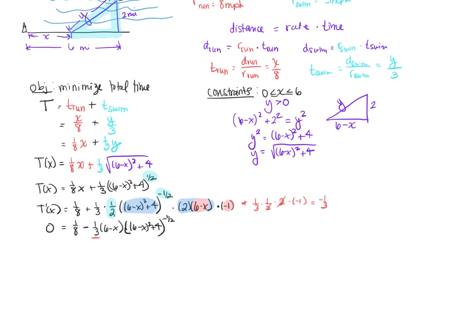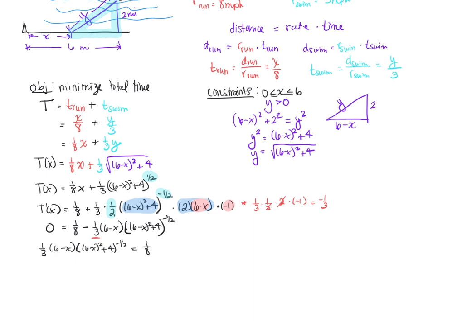So now we can move what's on the right over to the left because it's the negative. So we can say then that we've got 1/3 times 6 minus x times (6 minus x)² plus 4 to the -1/2 now equals 1/8.